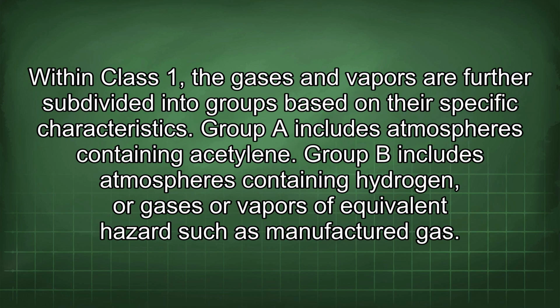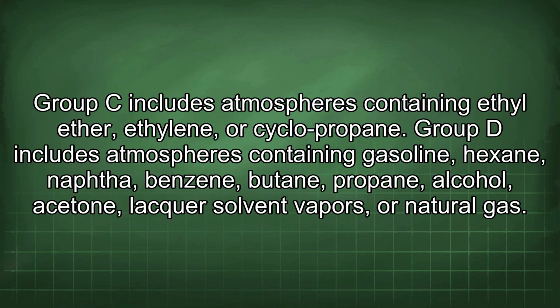Within Class 1, the gases and vapors are further subdivided into groups based on their specific characteristics. Group A includes atmospheres containing acetylene. Group B includes atmospheres containing hydrogen, or gases or vapors of equivalent hazard such as manufactured gas. Group C includes atmospheres containing ethyl ether, ethylene, or cyclopropane.